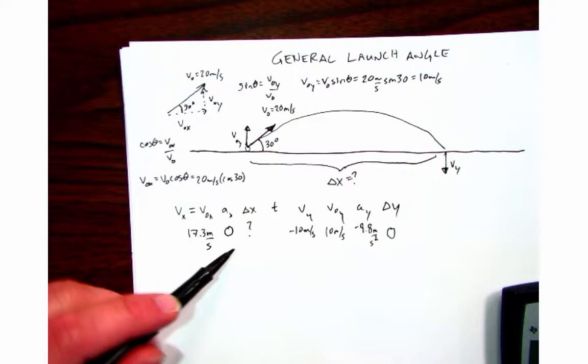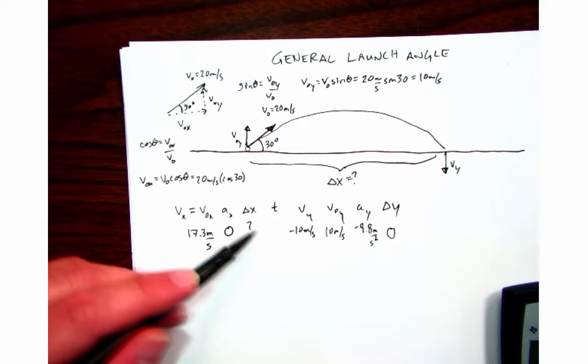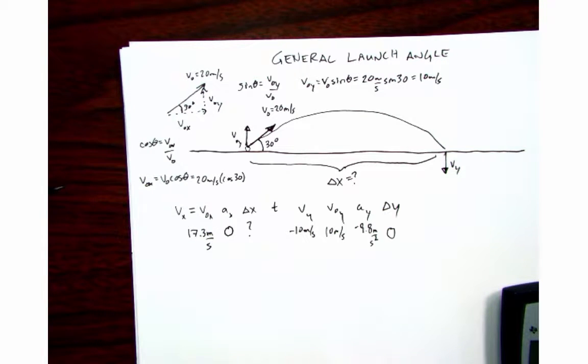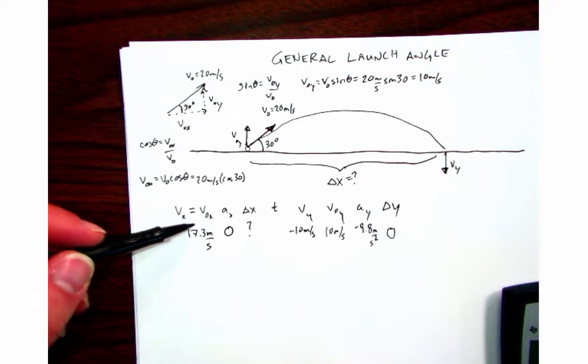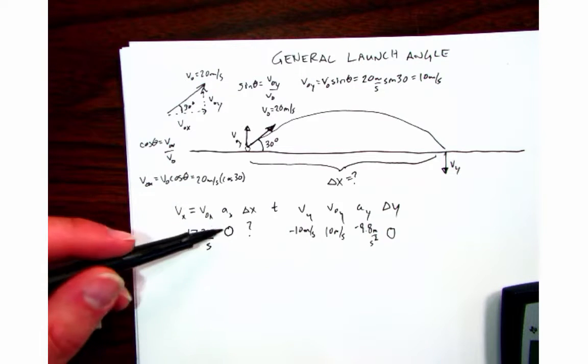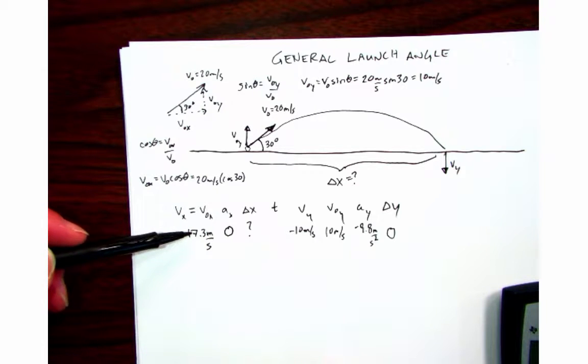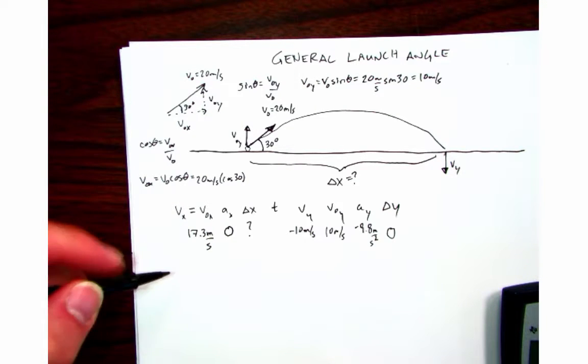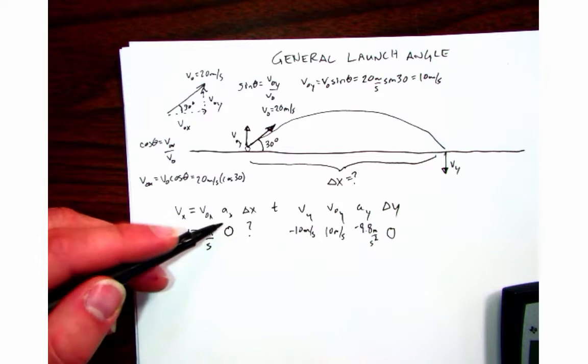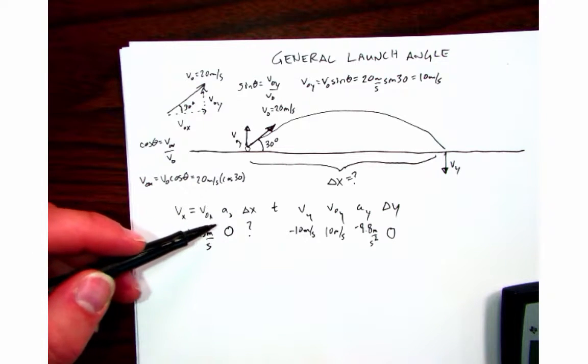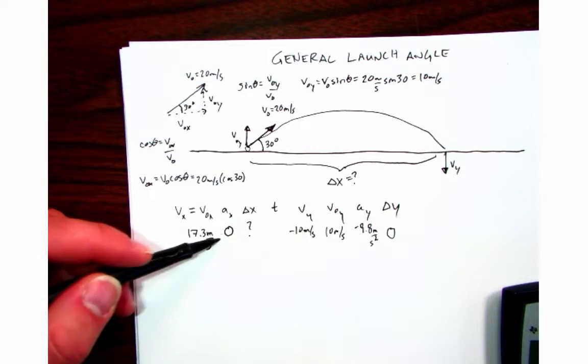So to find delta x, I first look at my x variables and determine whether or not I have enough information there to solve, and I don't. I only have v naught x, Vx, Ax, and delta x. You might say, well, I could use equation 4, but that one won't work because the term that has a and x in it is going to become 0 since Ax is 0.